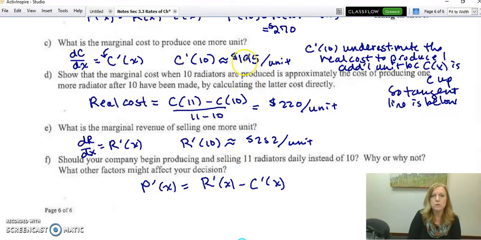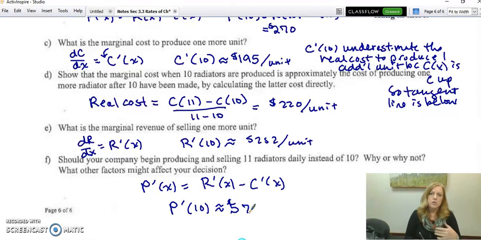I know that's the actual, but we'll use the marginals. 252 minus 195 is going to be $57. So P prime of 10 is about $57. So even though it cost me about $195 to make that additional radiator, I make $252. So I'm going to gain an additional profit of $57.